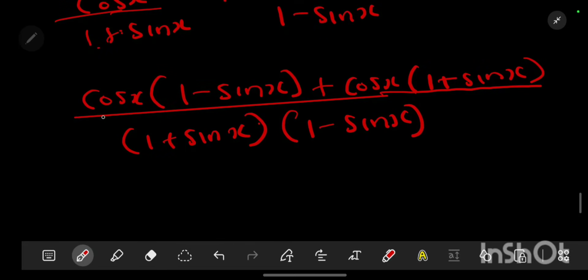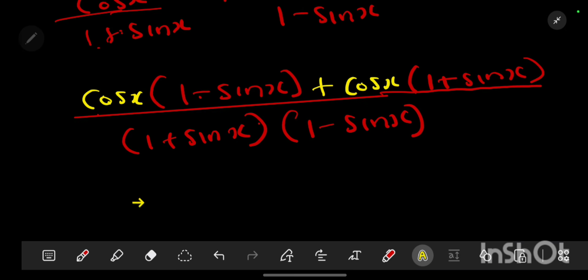Okay, let's not expand, I've seen something that is easier. As you can see, these two are separated by plus, and cos of x is the same in both.